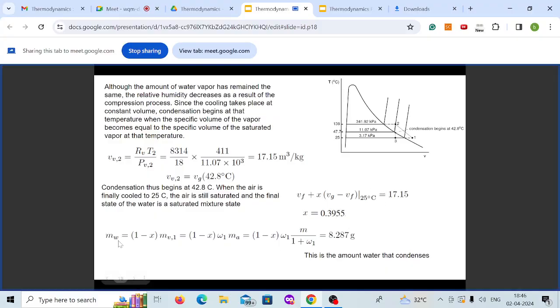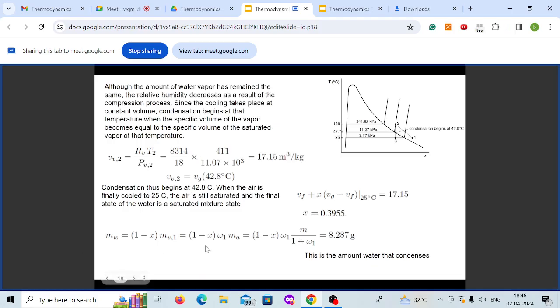So from this we can find the amount of water which has been removed. The mass of water removed is (1 minus x) into the mass of vapor. The mass of vapor at state 1 is omega 1 into the mass of dry air.